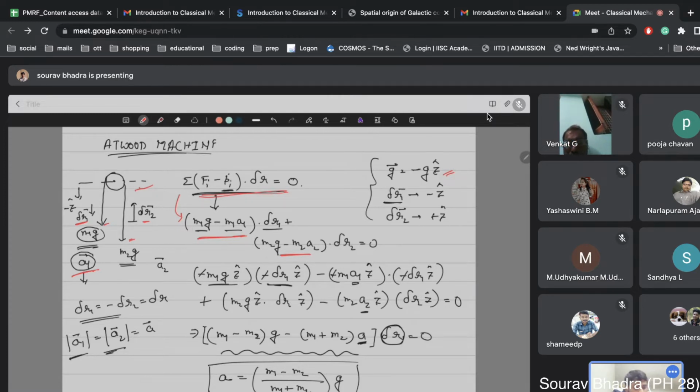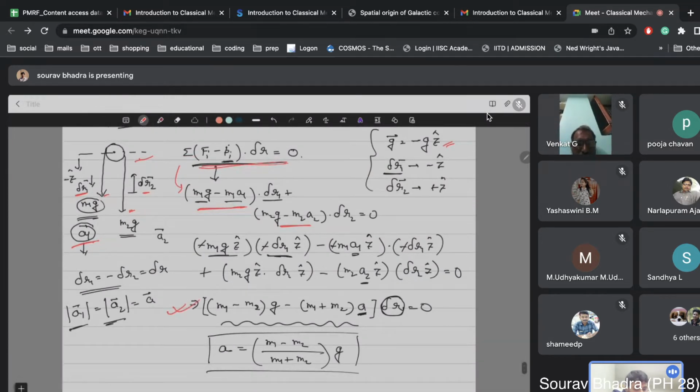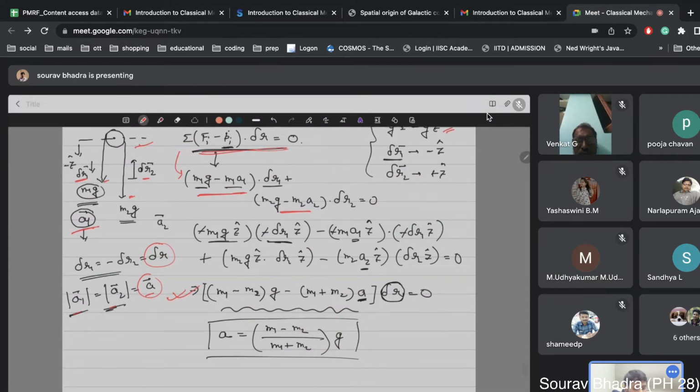Then if we put all those forces and do the dot product accordingly with plus z and minus z direction, we will reach this particular equation, where a1 and a2 are equal to capital A and dr1, all these are values. I mean, this dr and this a are all values, not directions. So this will be the equation, and a and this dr are arbitrary, that's why we can take it out of the equation, and your acceleration will be this a.